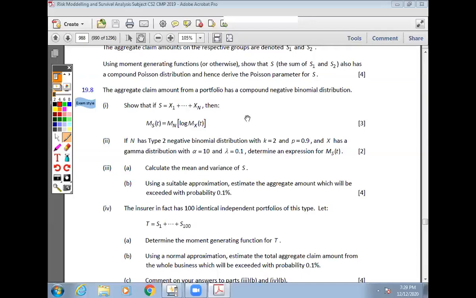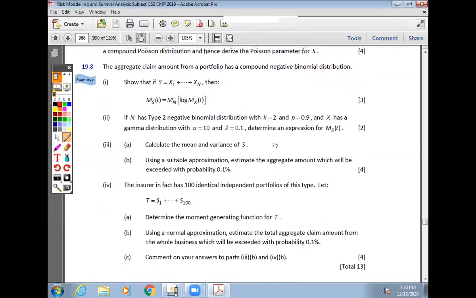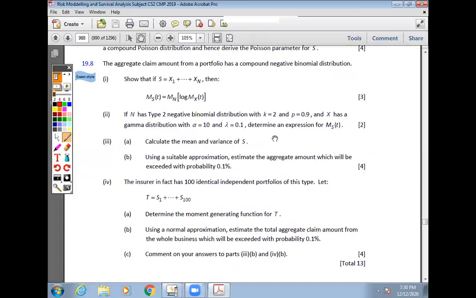Okay, so let us try to do this exam style question. So would anyone want to volunteer to read the question for me and for everyone else? Okay, so maybe I guess we should just solve the question.